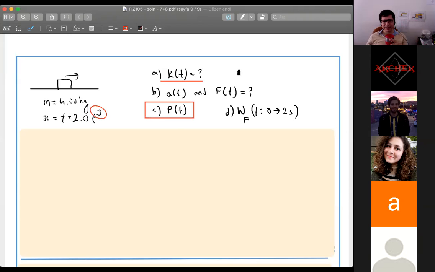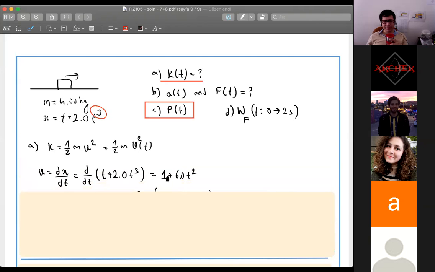Anyway, what's the kinetic energy as a function of time? Here it is 1/2 mv square. Here v, speed, is a function of time. We don't know speed, so we need to differentiate this once with respect to time. And we get this function, okay? We are asked the function.